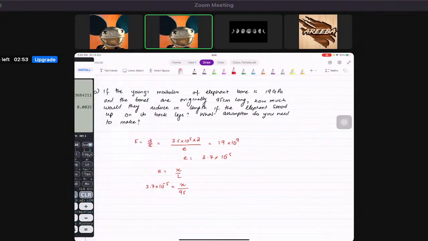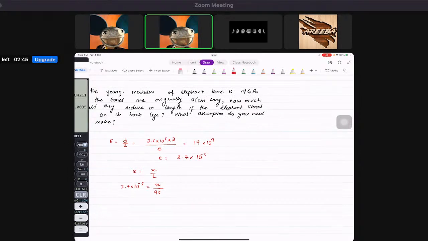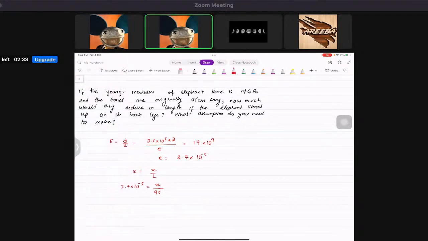Wait a second please. That would give something like 0.0035 centimeter. Let me check once more because I'm not sure entirely if this is correct.